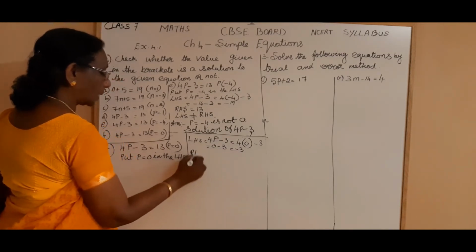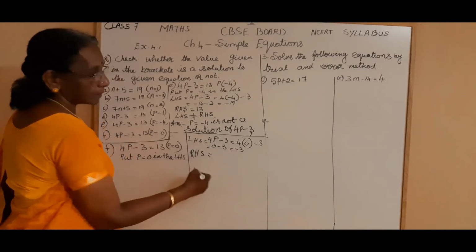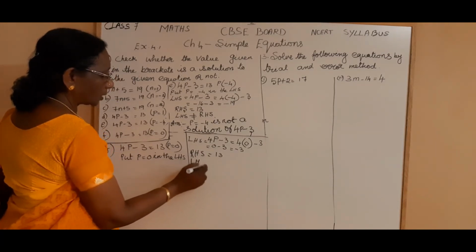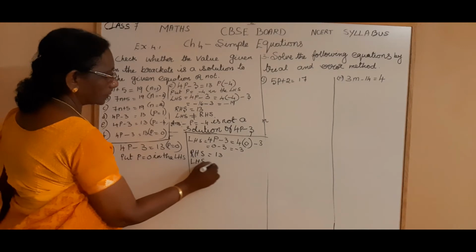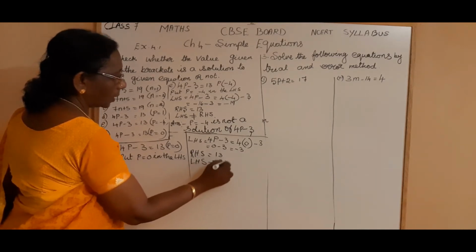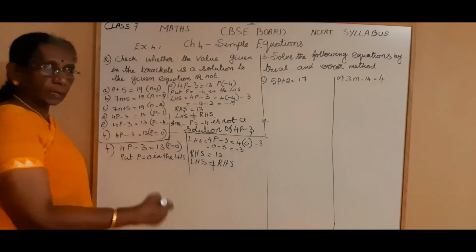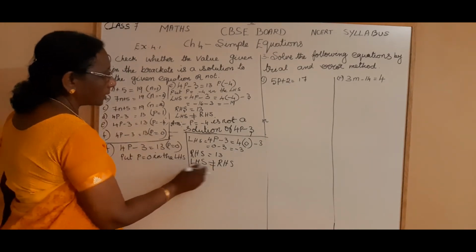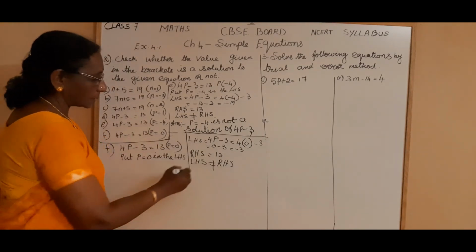But what is RHS? RHS is 13. So both are not the same. LHS is not equal to RHS. So can you say it is a solution? No, because it is not satisfying. You are not getting LHS is equal to RHS.